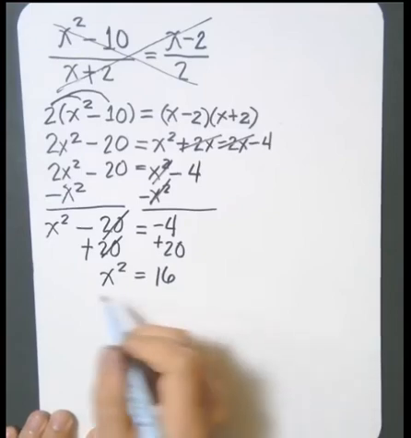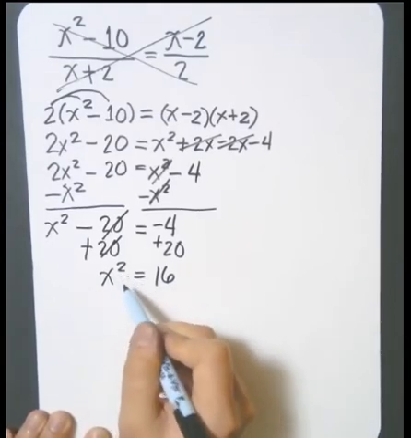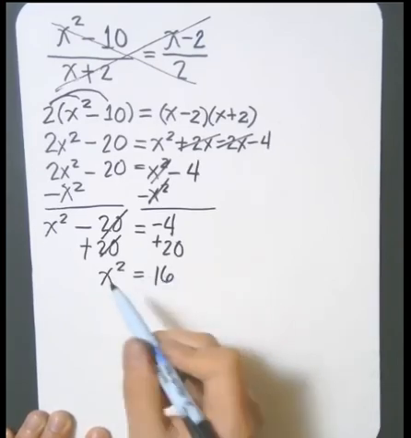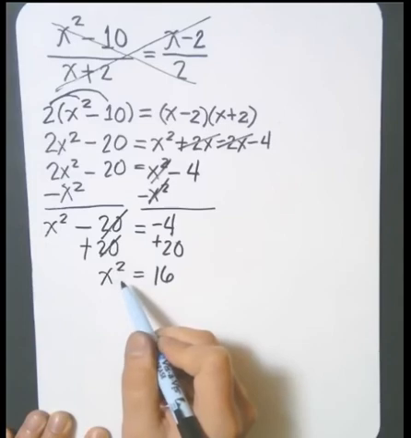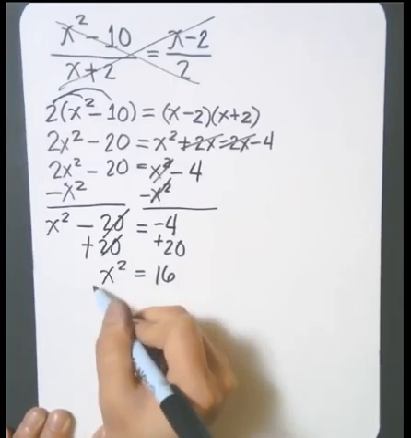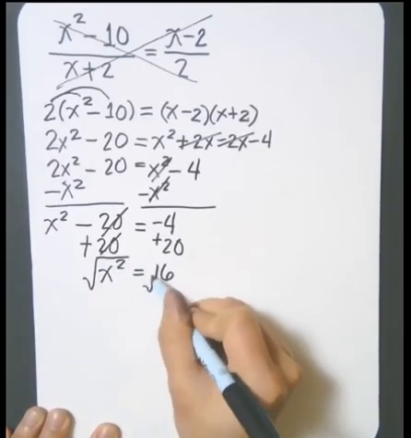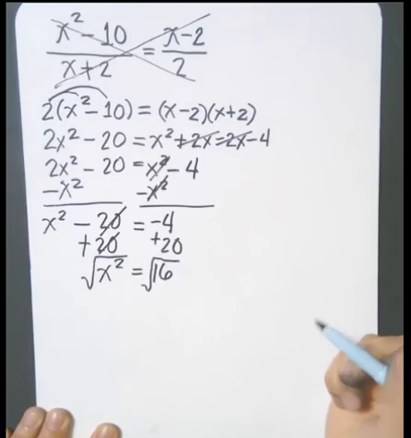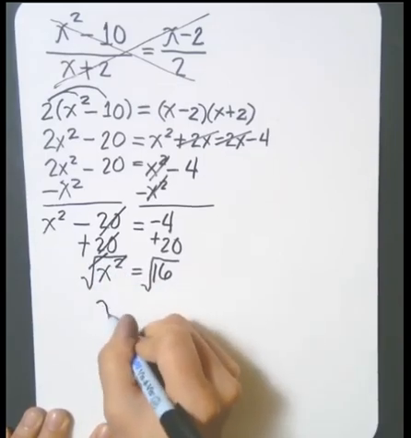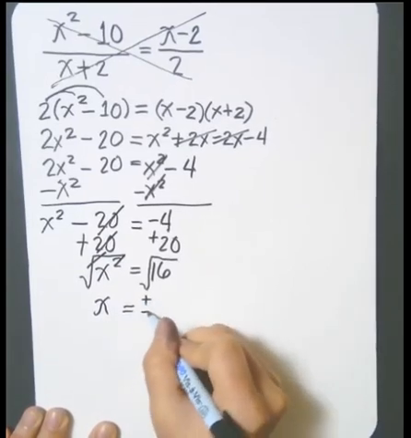This is not yet our final answer because we have a square there, which means we will be having two values of our x. To get rid of our square there, what should we do? We need to extract the square roots. So we take the square root of both sides of our equation so that this will be cancelled out, which means we will be having one positive and one negative value of x.